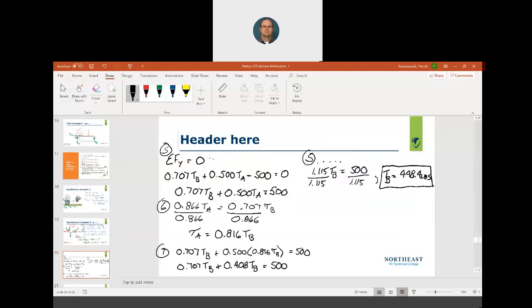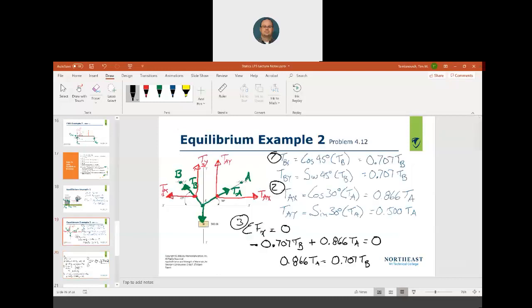Okay, now that I know step 6, I can actually substitute that into this guy right there, or I can substitute it into this guy. Either one, you should all get the same answer.